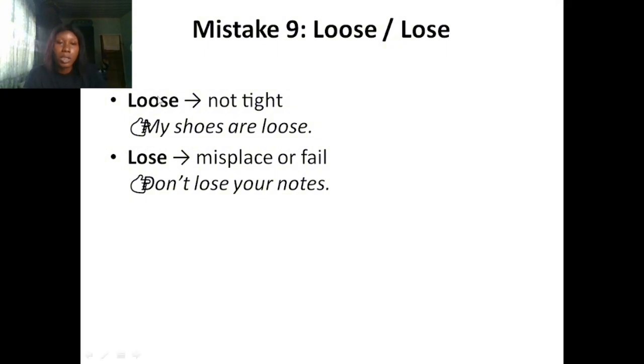The long sound, loose, means not tight. My shoes are loose. My shoelace is loose. While lose is to misplace or to fail. For example, don't lose your notes.